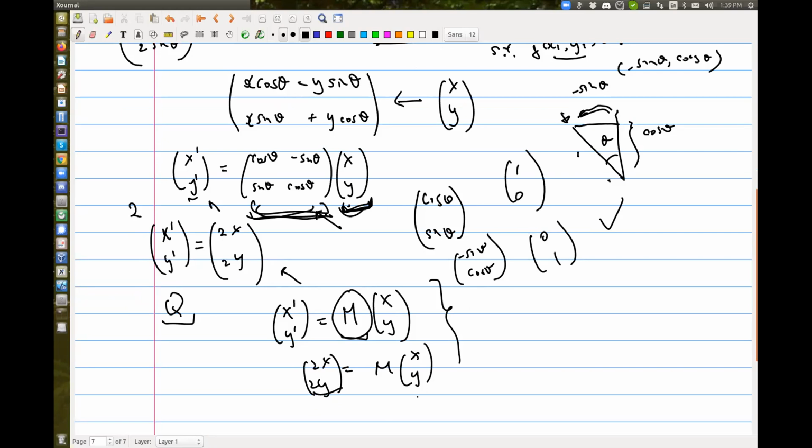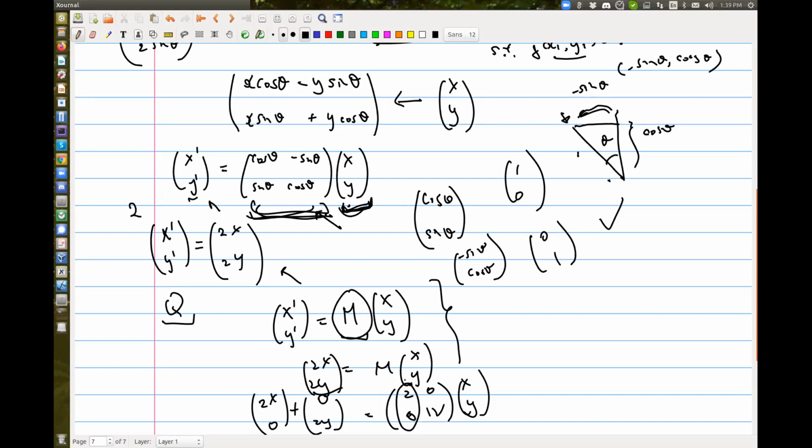The answer would be just 2 0, 0 2, right? If I multiply x, y by this, I can think of it as this column multiplied by x plus this column multiplied by y. So it's 2x, 0 plus 0, 2y, and we get 2x, 2y here.